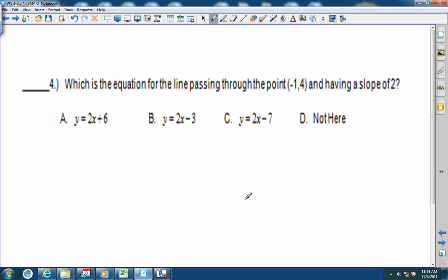All right, this one says, which of the equations passes through the point -1, 4 and has a slope of 2? Well, the first thing I would look at is slope of 2. Well, that has a slope of 2, that has a slope of 2, so does that one. Okay, well, let me pull up my calculator for a second.